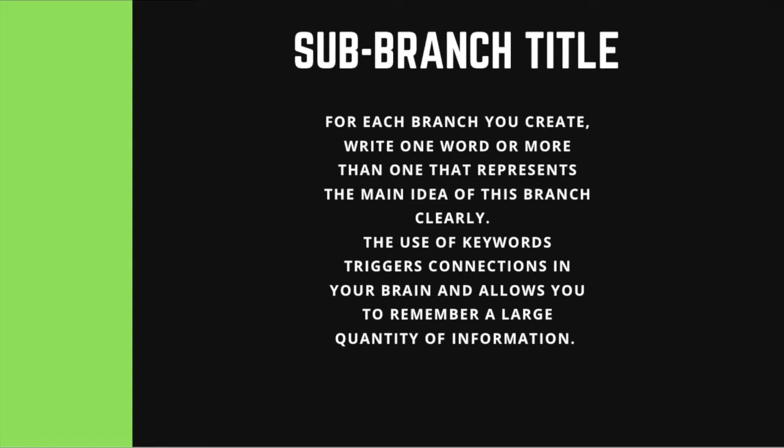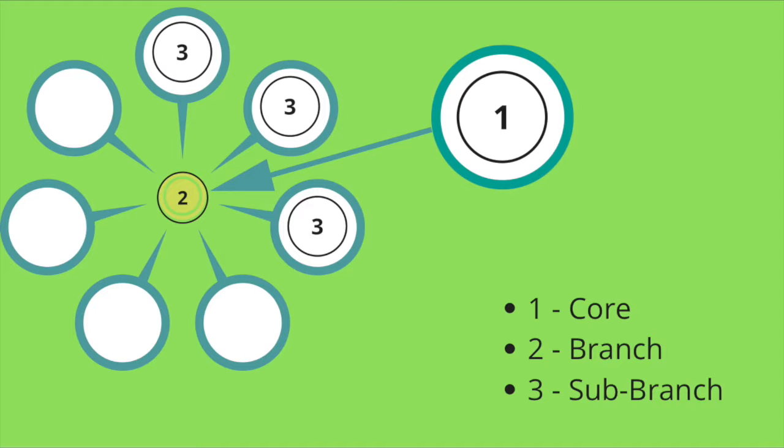As soon as you finish all the sub-branches that you have linked to one branch, you'll finish the first branch. And when you finish all of them, you'll be able to finish the task that you had, or get to the end of whatever you were trying to do with your mind map.